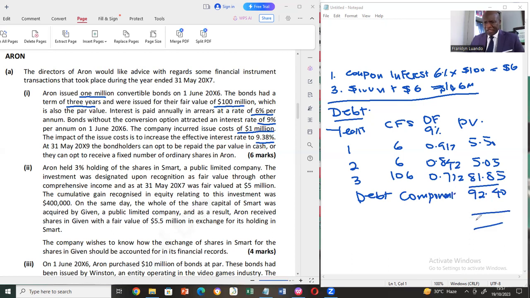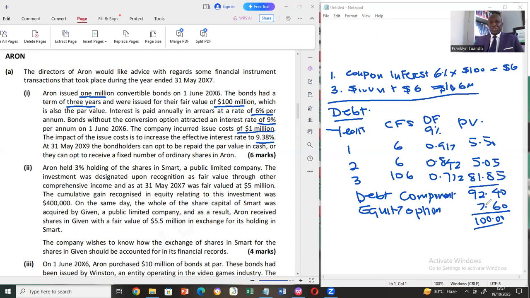The balancing figure is the equity component or equity option. The equity option here is 7.60.